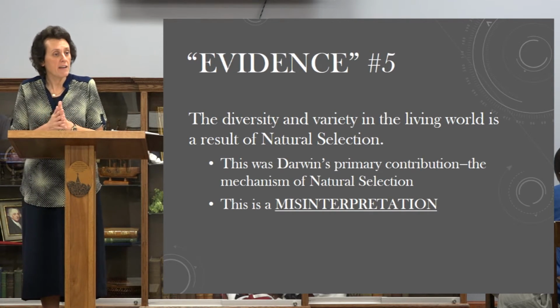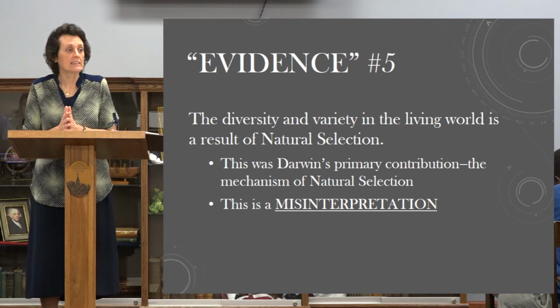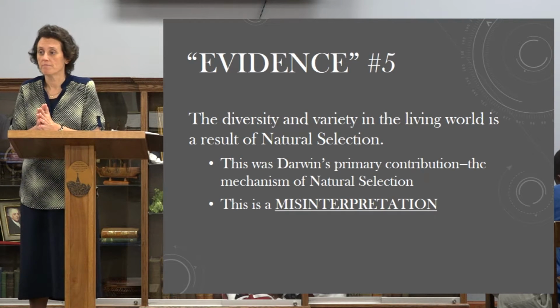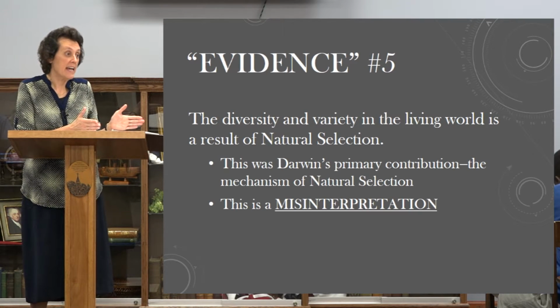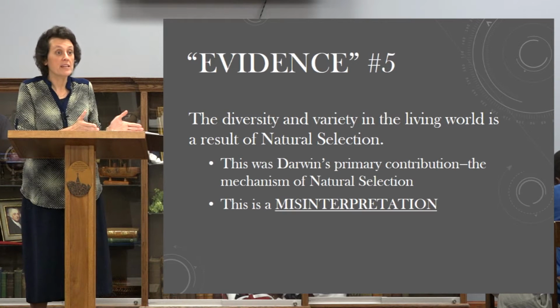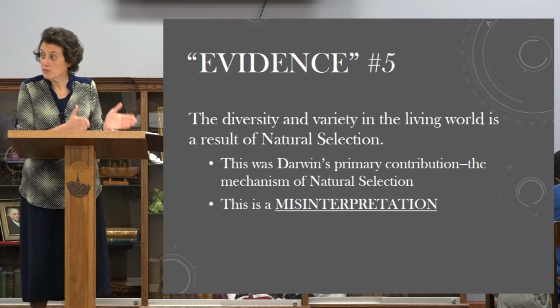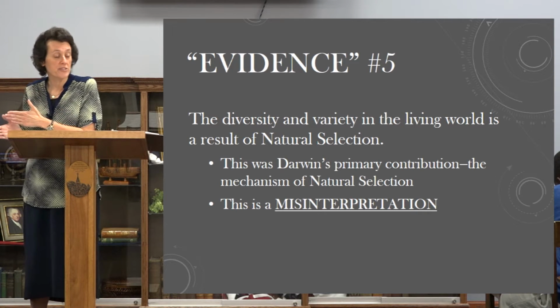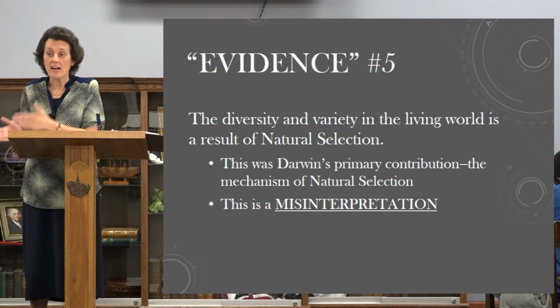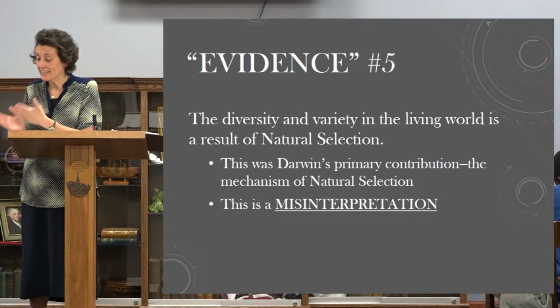Now, evidence number 5 also is a misinterpretation. Evidence number 4, are there similarities? Yes. And how we explain those similarities depends on our interpretation, which is based on our worldview. And the same thing is true with diversity and variety. Is there diversity and variety in the living world?